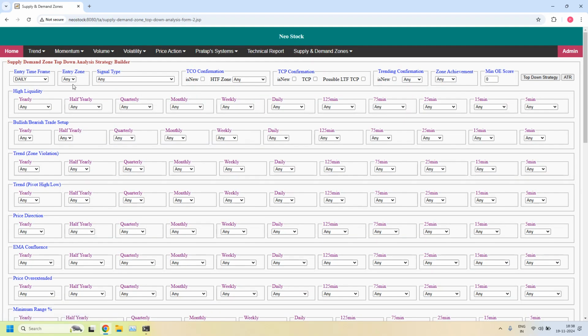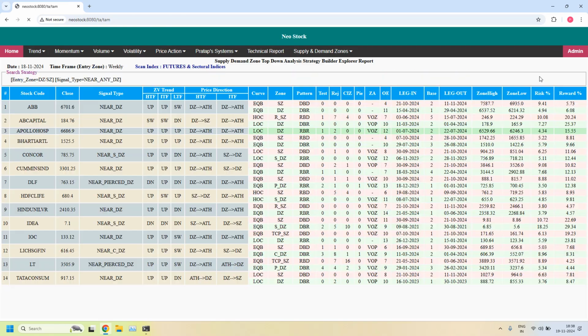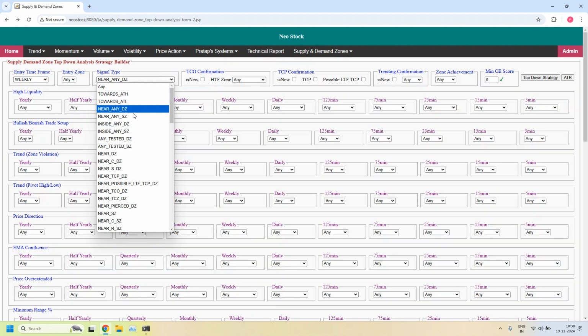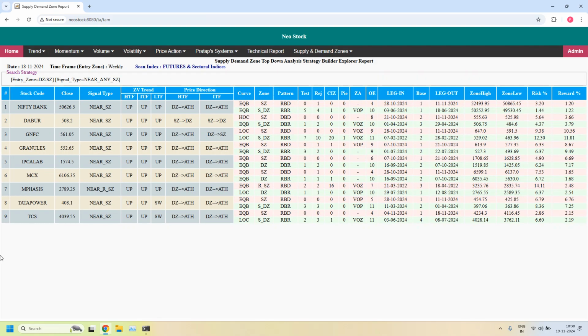Okay, next time frame is weekly. Stocks near weekly demand zone. 14 stocks are filtered. Next, stocks near weekly supply zone. 9 stocks are filtered.